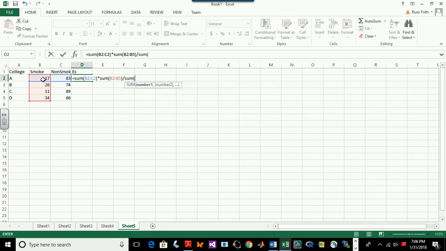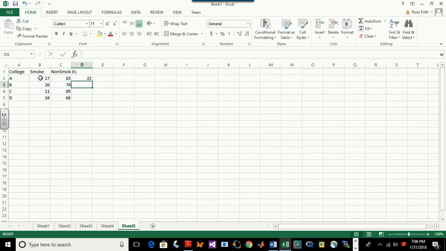So that would be the sum of these numbers. Okay, so that's the expected value of smoking at college A. It's a little bit greater than the observed value.